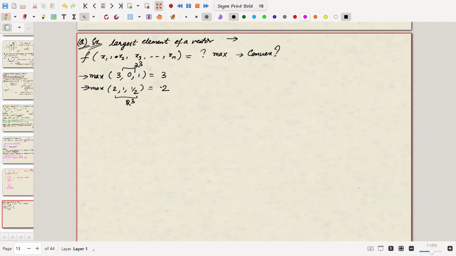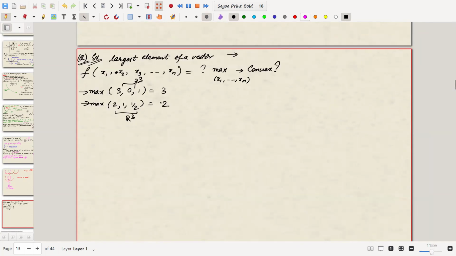So this function, max of x1 up to xn, is this a convex function? Any ideas? Let me write with some masala in it, the way you see in books, where suddenly you see big notations.